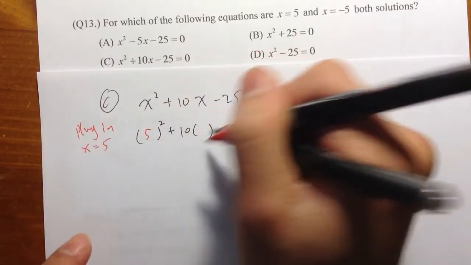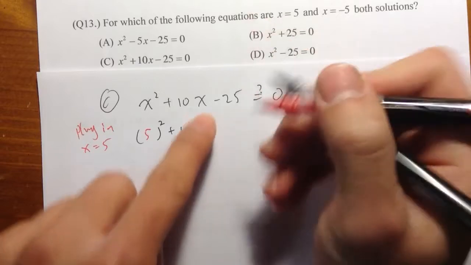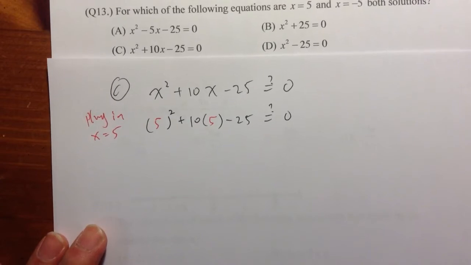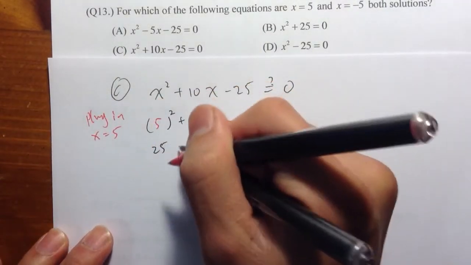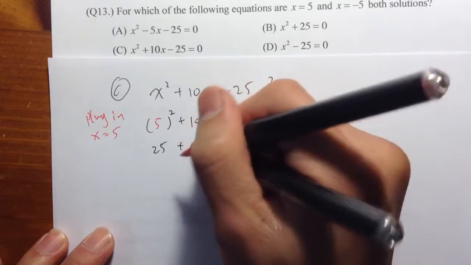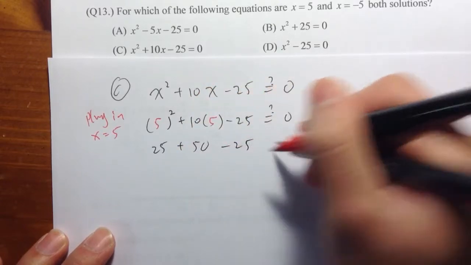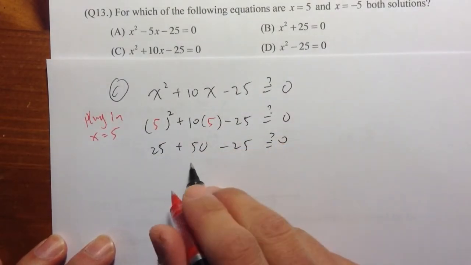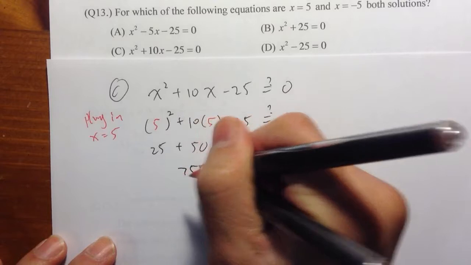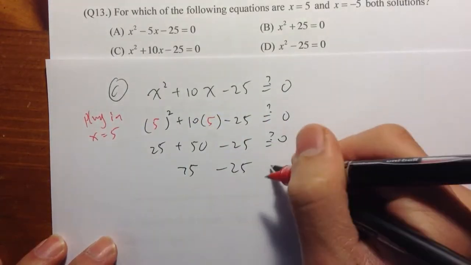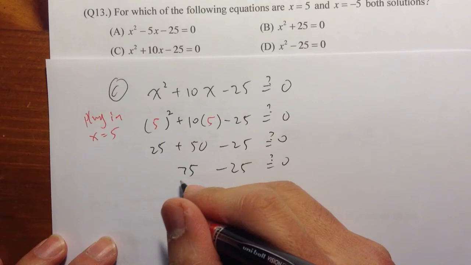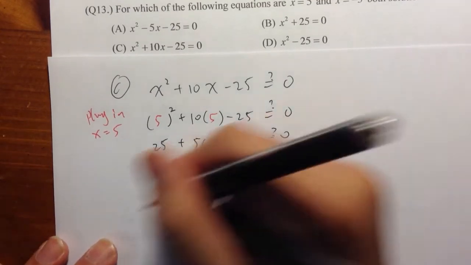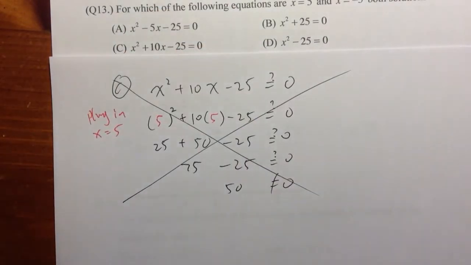I see the x, parentheses, the 5 into the parentheses, minus the 25. Will that be 0? 5 squared is 25, plus 10 times 5 is 50, minus 25. 25 plus 50 is 75, so I have 75 minus 25. Will that be 0? Of course not, because 75 minus 25 is 50. It's not 0. So choice C is not the answer.